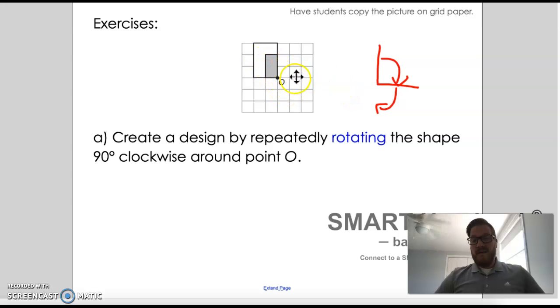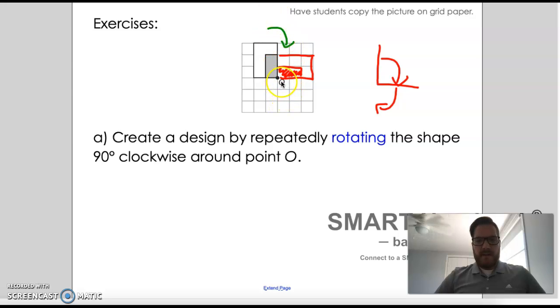Okay, this is probably going to end up looking kind of messy, and I do apologize for that. But my new shape is going to look roughly like so. That's my first one. That is going to be a 90-degree clockwise rotation.